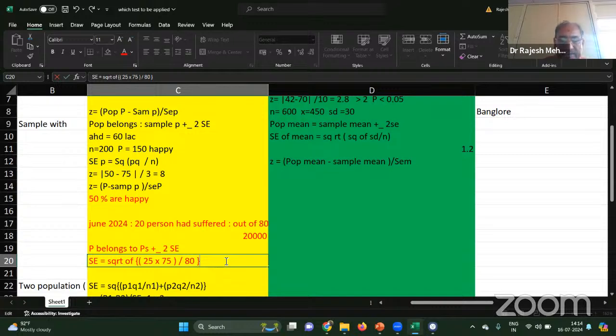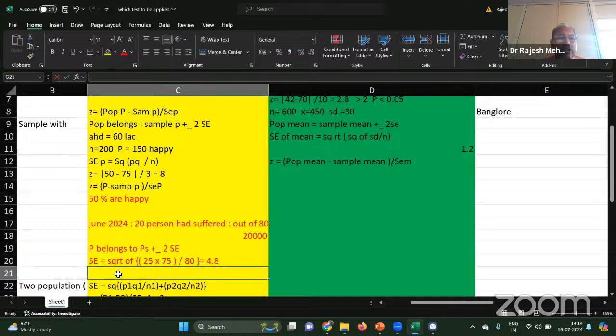It will be roughly 4.8. So standard error is equal to 4.8.